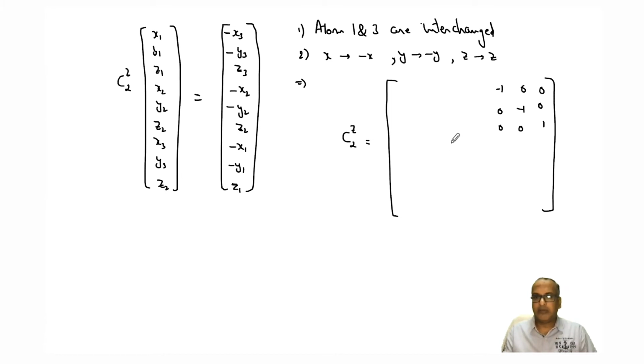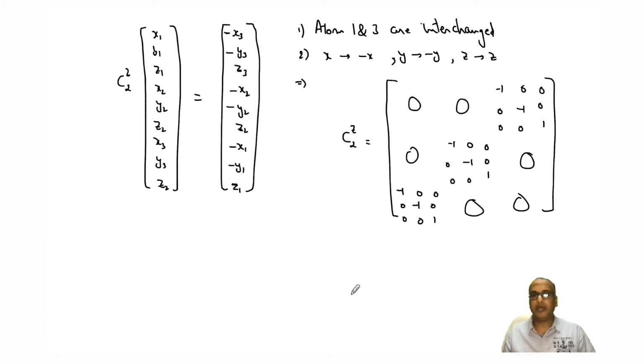So that means I will have minus 1, 1, 0, 0, 0, 0, 0, 0, right? Now x3 has gone to the x1 position, so I will write minus 1, 1 over here, 0, 0, 0, 0, 0, 0. Rest everything will be 0, right?